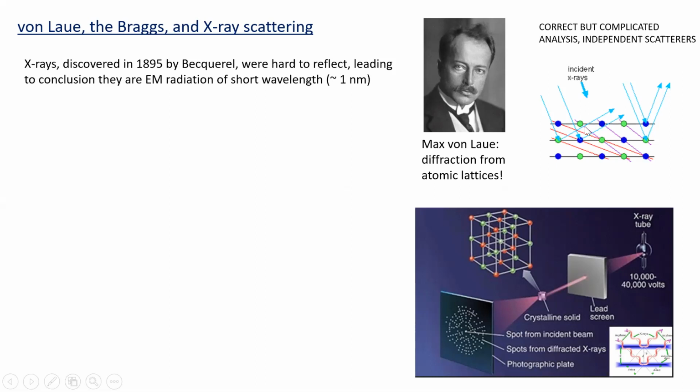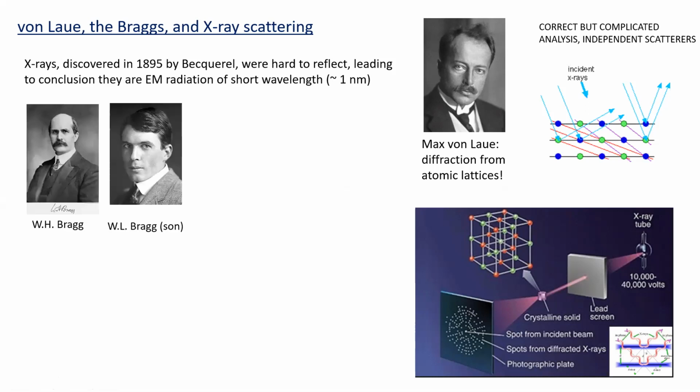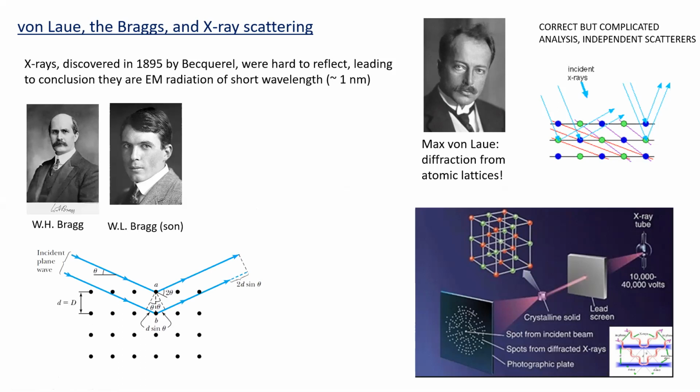In any case, it's quite an involved calculation. And so his analysis didn't catch on right away. But soon afterwards, the Englishman William H. Bragg and his son William Lawrence Bragg got into the act of X-ray diffraction, and they analyzed the X-rays diffracting off of not individual atoms, but off of planes of atoms.